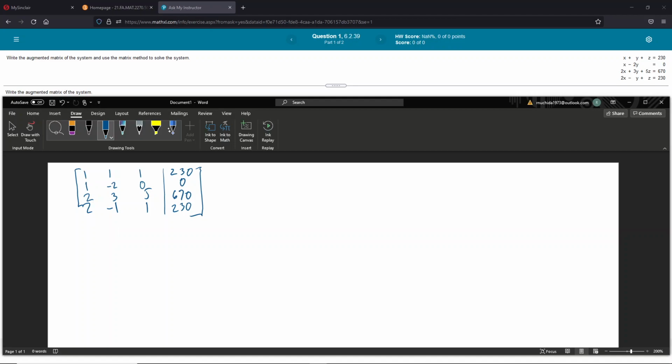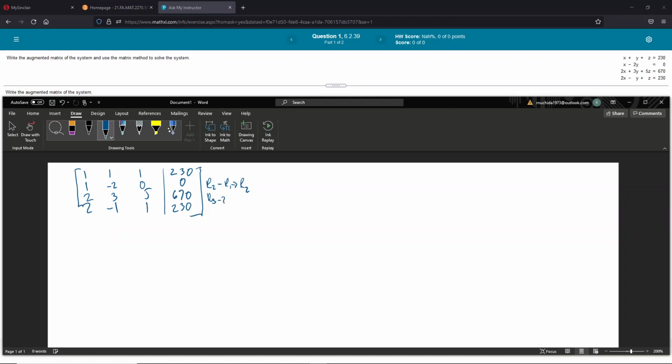Since that's a 1, we can easily figure out what we have to multiply row 1 by, so that when we add it to the other rows, the numbers below become 0. For the second row, we add negative 1 times row 1 to row 2, which is the same thing as subtracting row 1. That'll be our new row 2. For row 3, we have a 2 there, so we'd multiply the first row by negative 2 and add it to the third row.